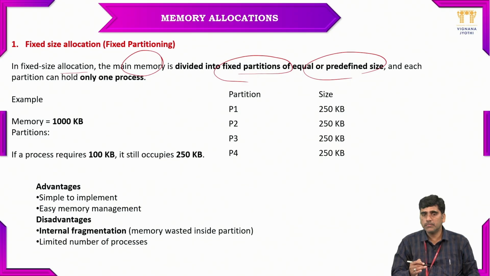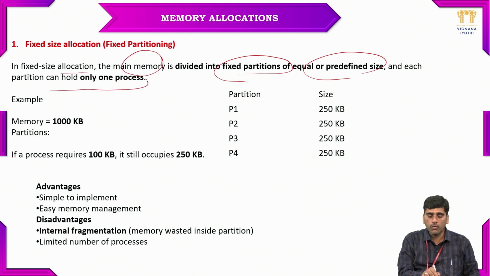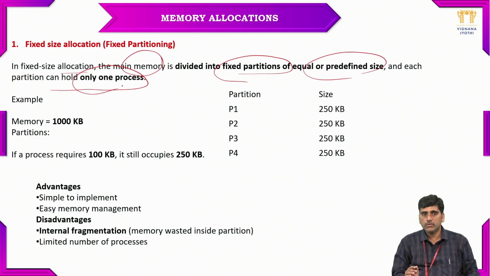We can call them fixed partition blocks or predefined sized blocks. Each partition can hold only one process. The partitions are nothing but the blocks, and each fixed partition block is allowed to hold only one process.